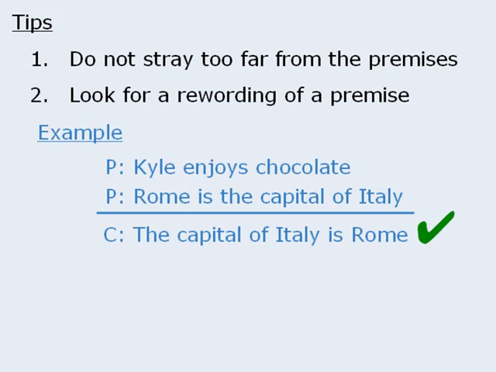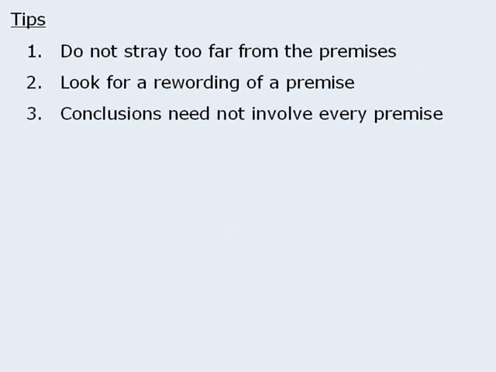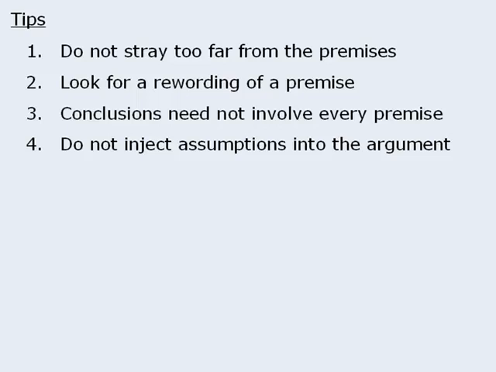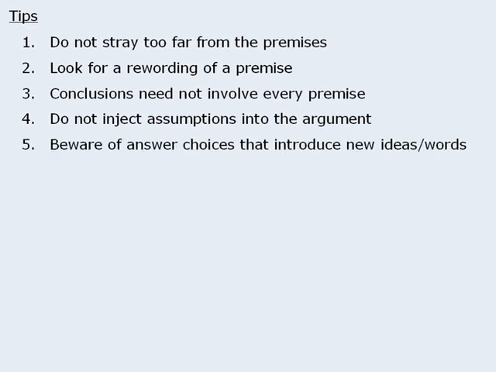Okay, continuing with additional tips to consider, we should add that conclusions need not involve every premise. We just saw this in the last example. Another consideration is to not inject assumptions into arguments. Every assumption that is necessary to draw the conclusion must be explicitly stated in the premises. Also, when checking the answer choices, beware of answer choices that introduce new ideas or new words.